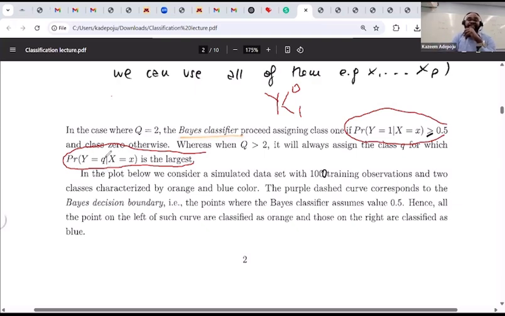Then we are seeking a situation where the posterior is going to be the largest. Does that make sense? The probability is going to be the largest. Now we can demonstrate that.